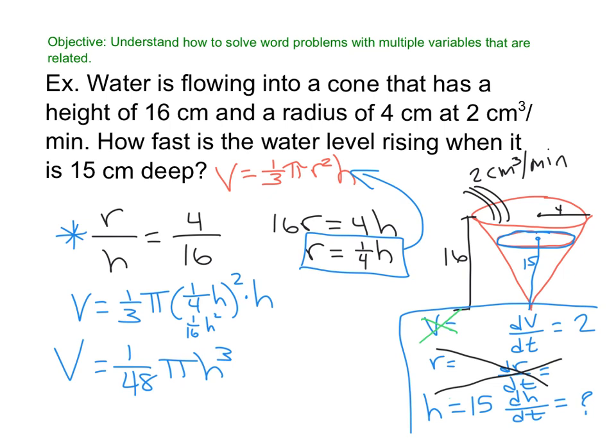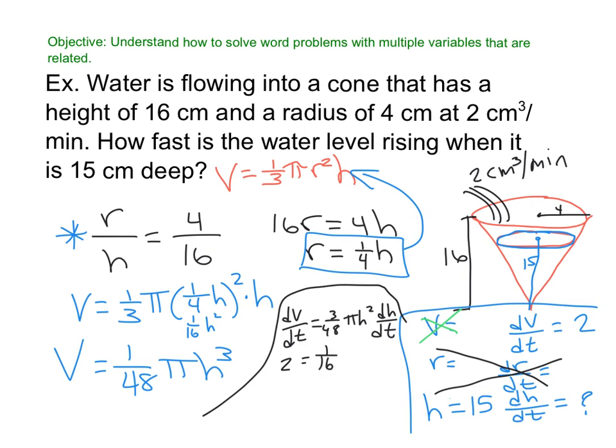So now we have this, we can take the derivative. See if I can fit this all in. So dV dt equals, I'm going to bring my 3 down, pi h squared dh dt. So my dV dt was 2. I'm going to change 3/48 to 1/16.